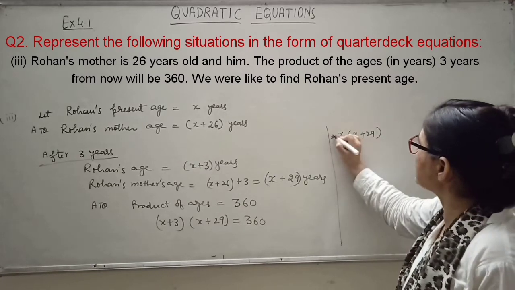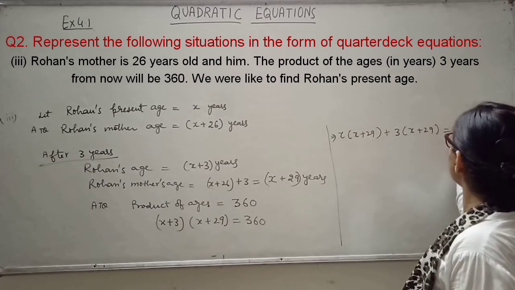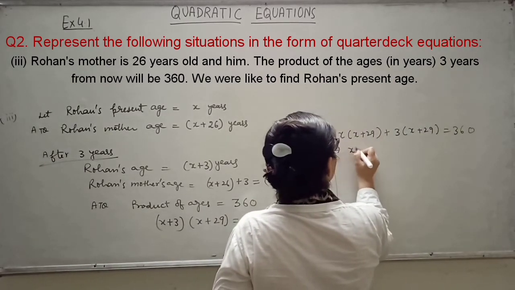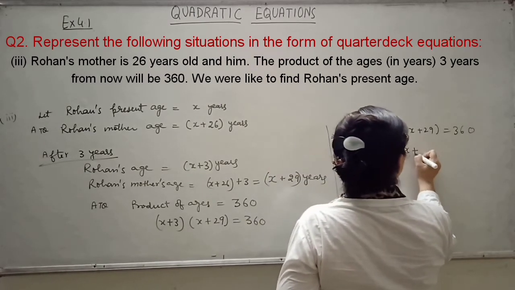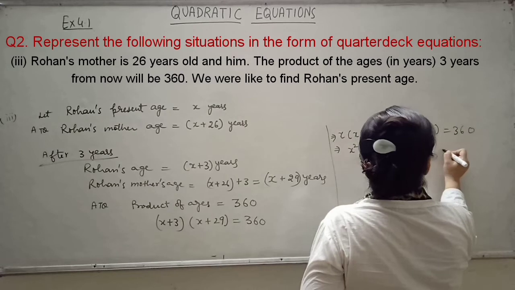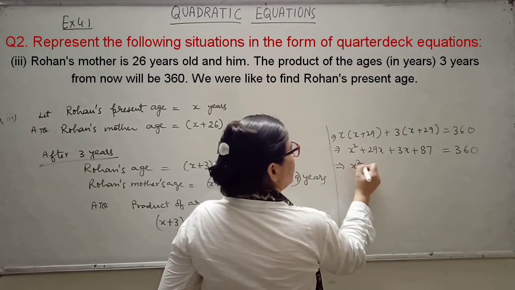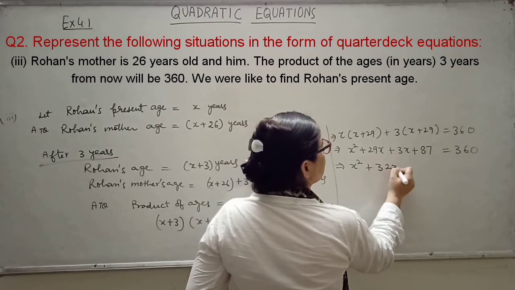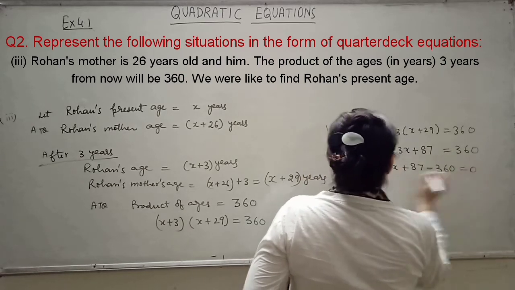So simplify this. So it is now x square, 29x plus 3x, that is 32x, plus 87 minus 360 equal to 0.